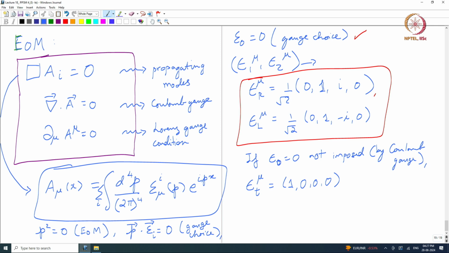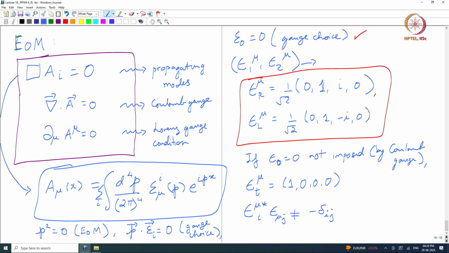Nevertheless, notice that there are already some problems with this, right. In the first place I cannot normalize this using the usual condition, right. This is what I wanted, but I do not get this, correct.